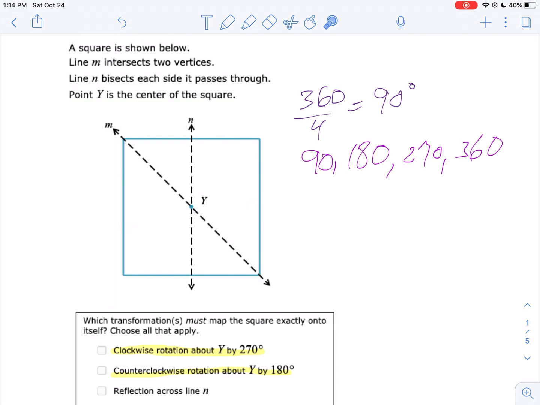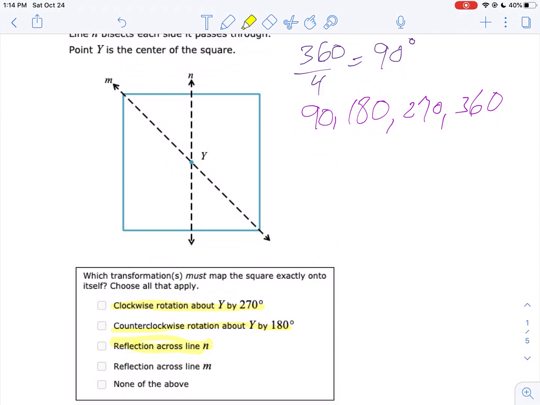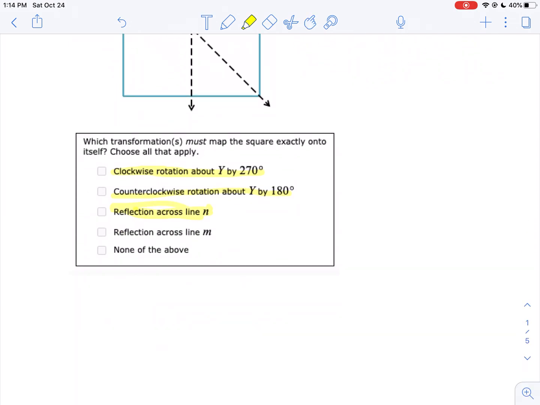Yes, it does. How about across the diagonal M? Well, notice, once again, every point is equidistant from the diagonal going at a 90-degree angle. So this one is also, so in other words, on this question, you should have selected all of them.